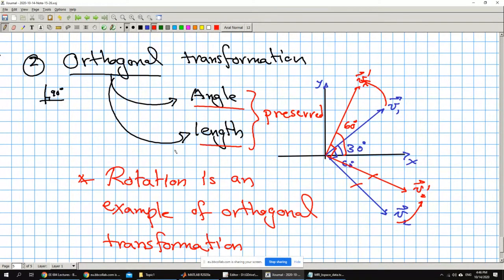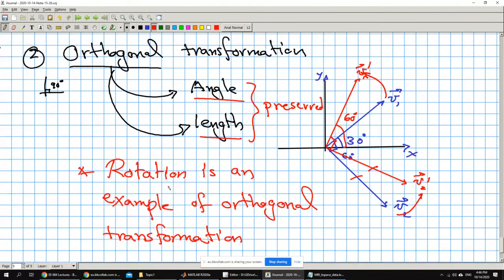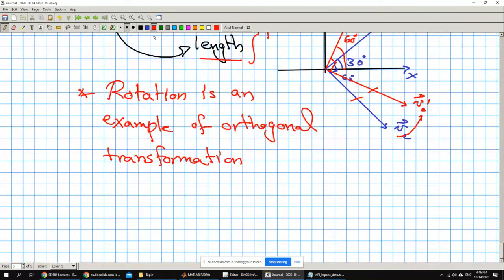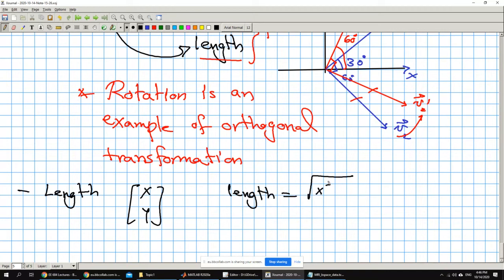The angle and the length might not be clear to you, but actually the length can be very simple as Euclidean distance. If you have a vector with x and y, the distance or the length would be as simple as the square root of x squared plus y squared.